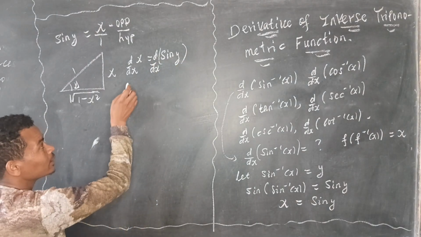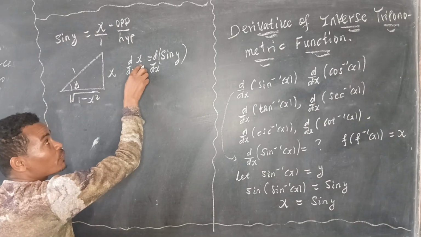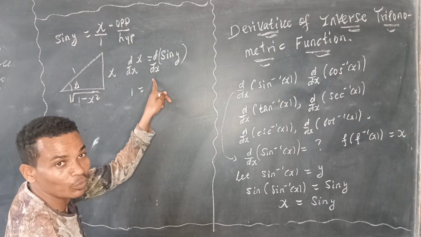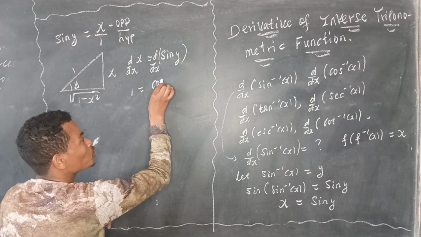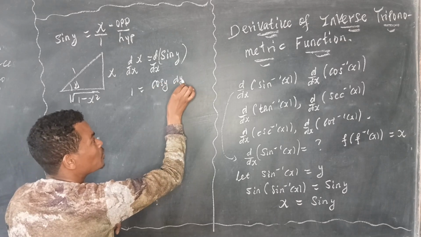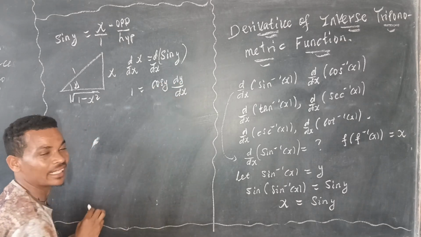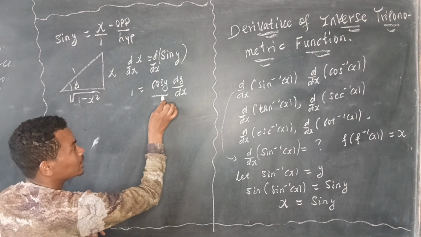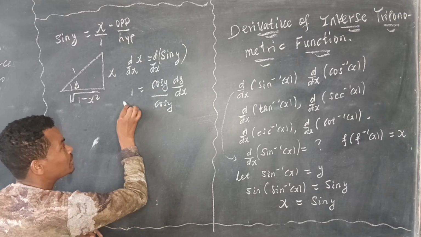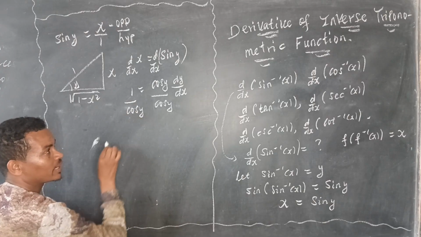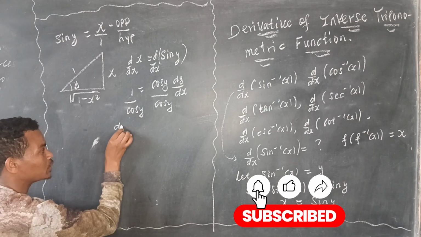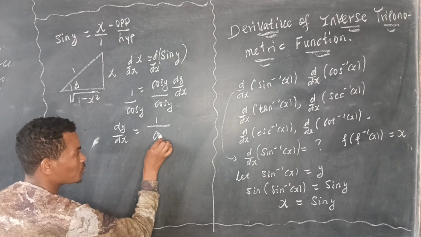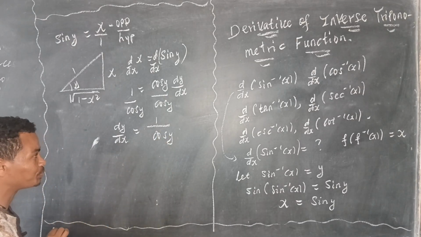The derivative of x with respect to x is 1, and the derivative of sin y with respect to x is cos y dy by dx. Dividing both sides by cos y, dy by dx is equal to 1 over cos y.